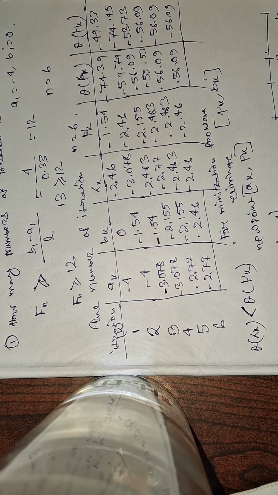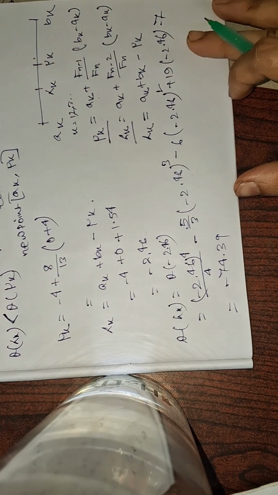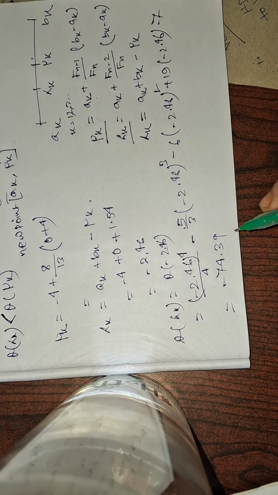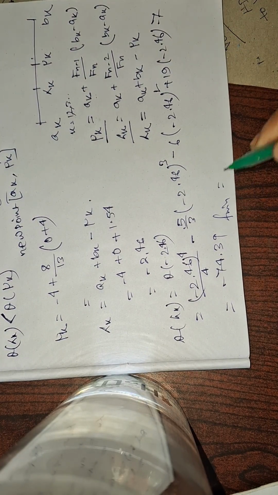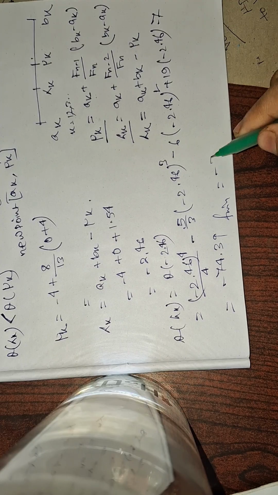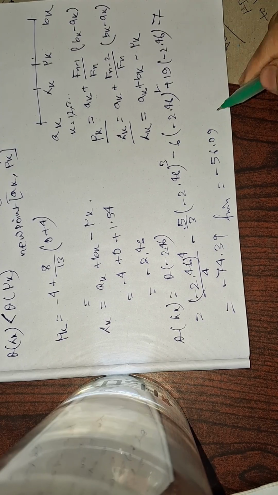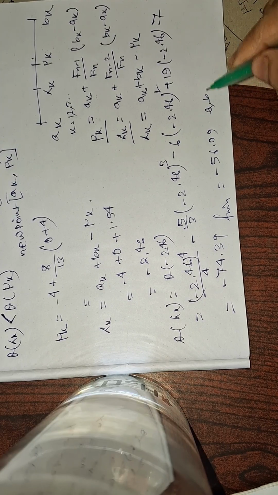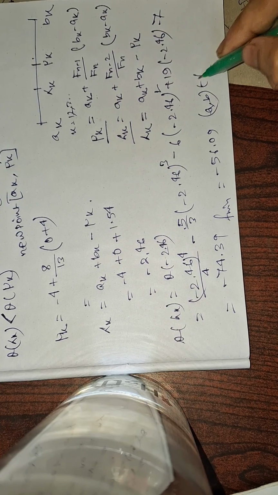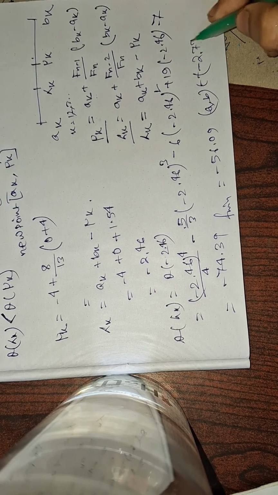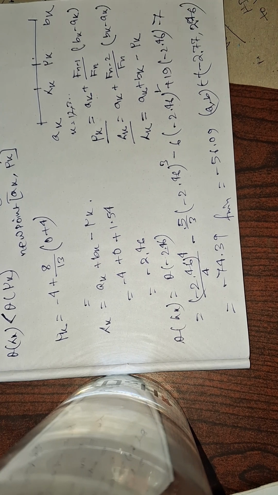This is the answer. So our answer is that f minimum is minus 56.09 within the range of a to b, minus 2.77 to minus 2.46. Okay, thank you.